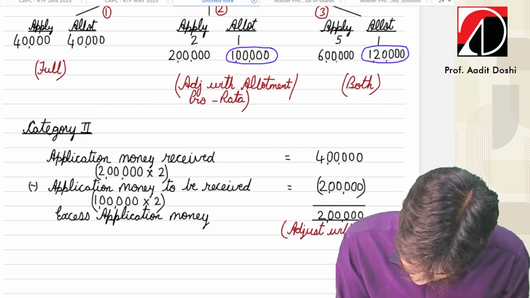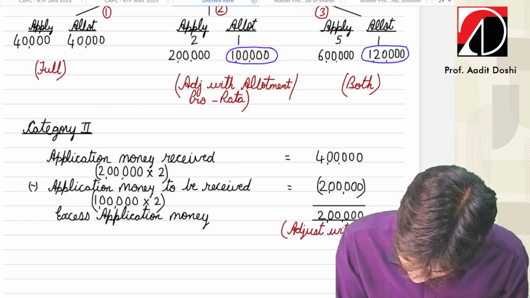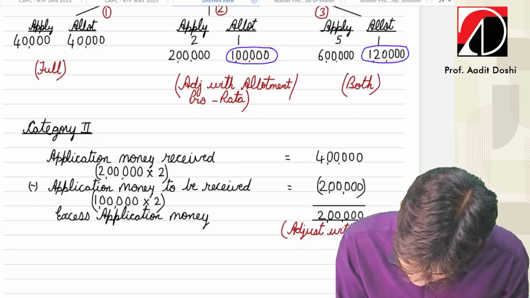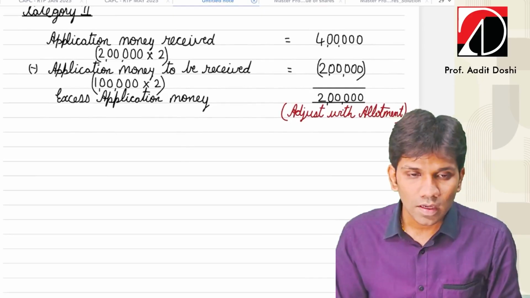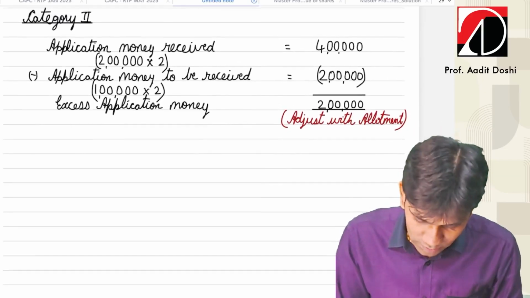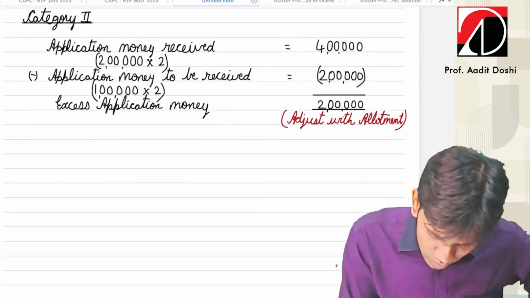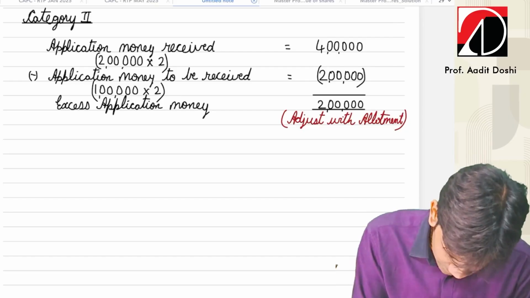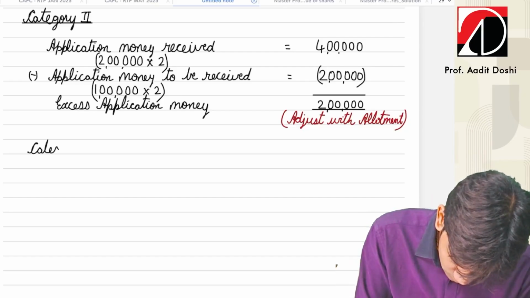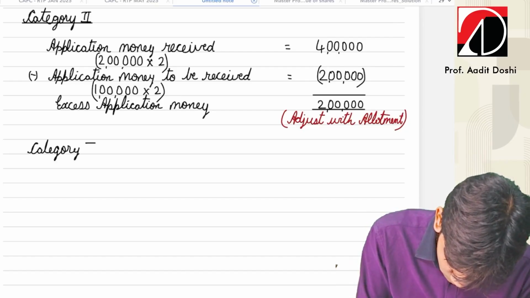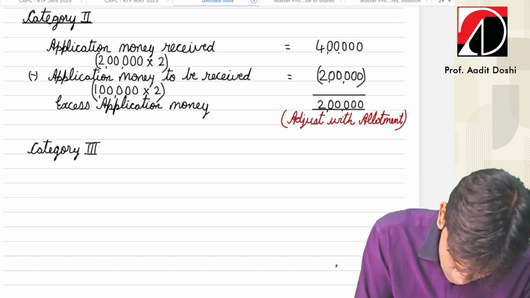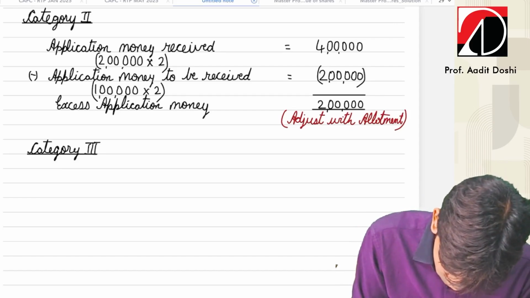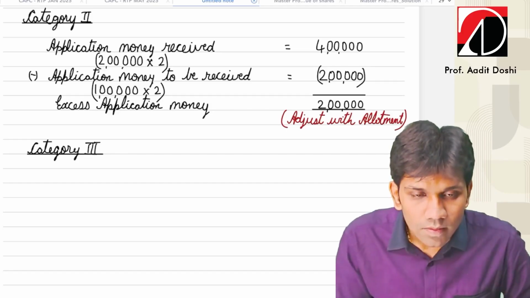This was adjusted with allotment. Okay, this was category 2 done. Now category 3.